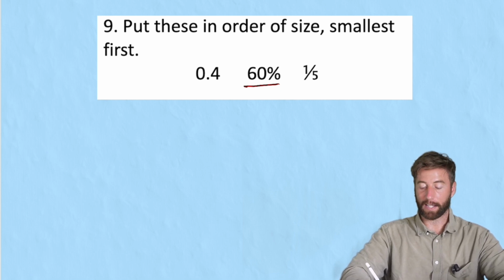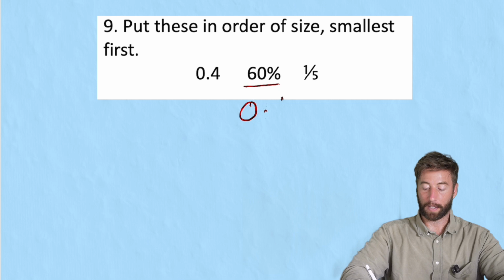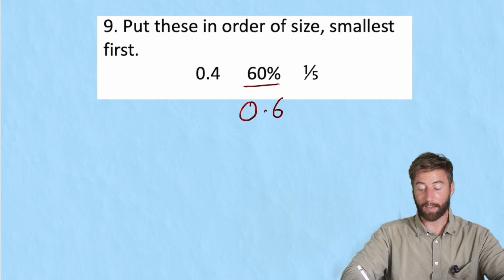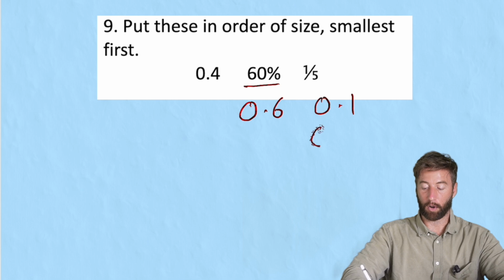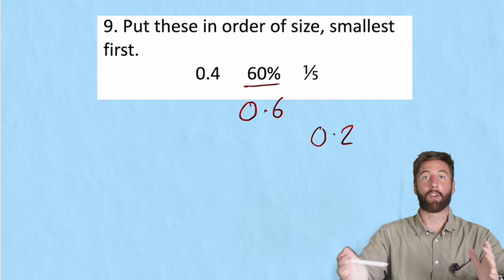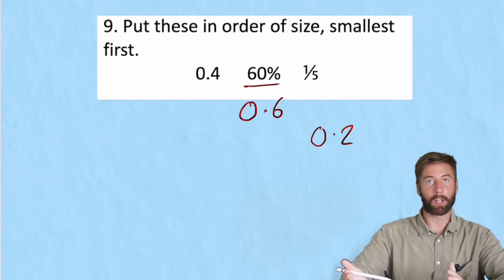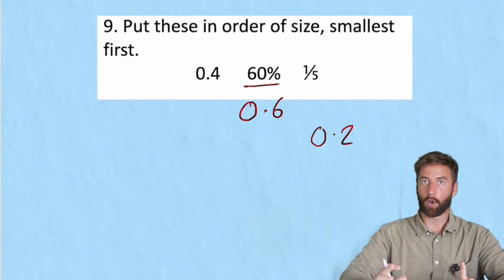It'll be somewhere in our tenths column, and it's 0.6. 1/5, well, we're looking for 1/5 of 1, and we can say that 1/10 of 1 would be 0.1, but it's not 1/10, it's 1/5, so it's going to be double that, so it's 0.2. If you're looking for some more help on converting between units, then find that specific video on this channel.